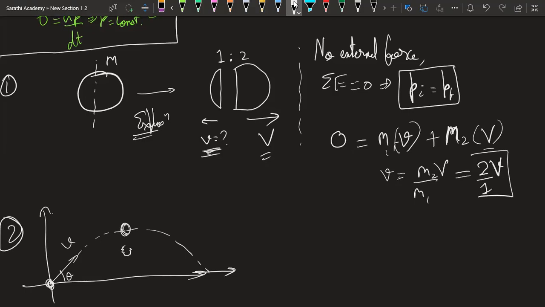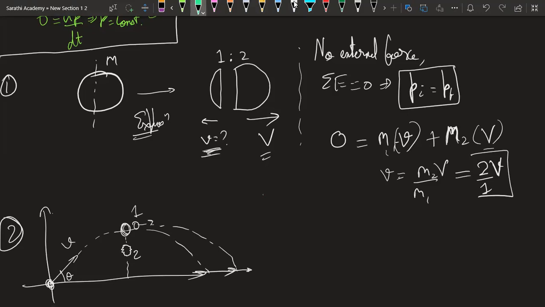So the heavier part falls downwards and the lighter part goes ahead. So it falls somewhere here, right? So what is the velocity of the lighter part? That is the question. This is in the ratio of 2:1.